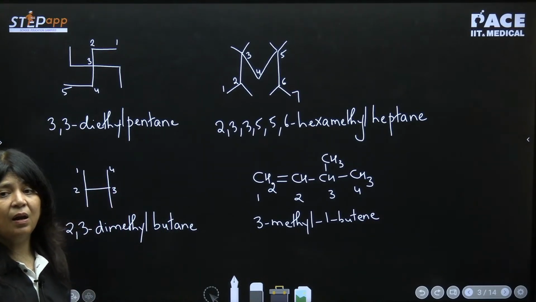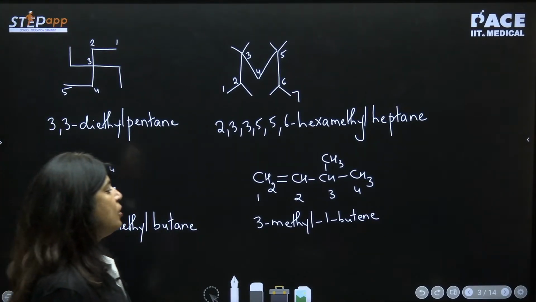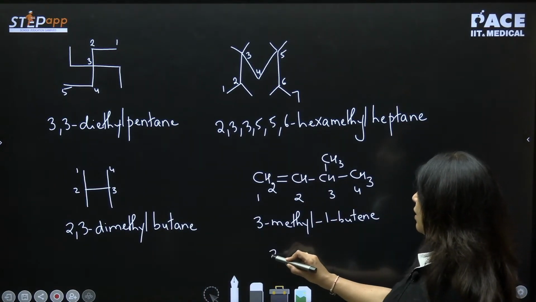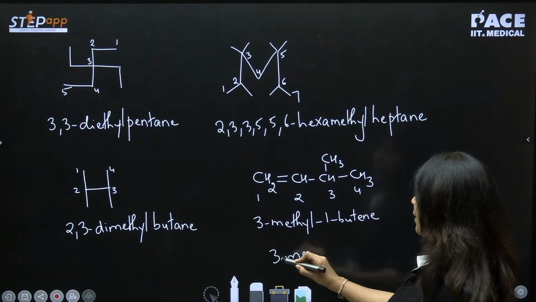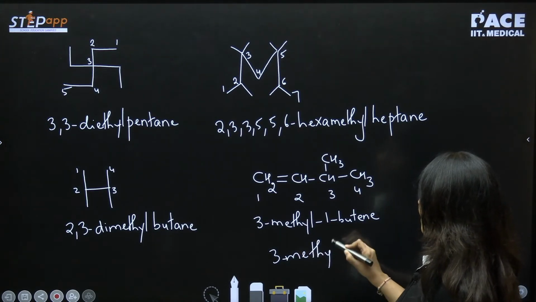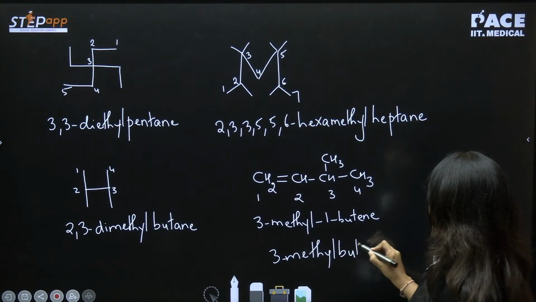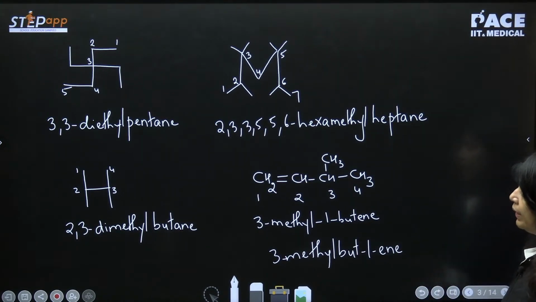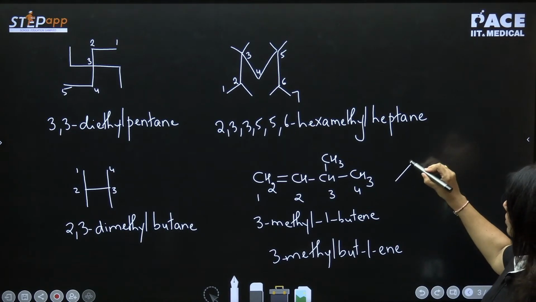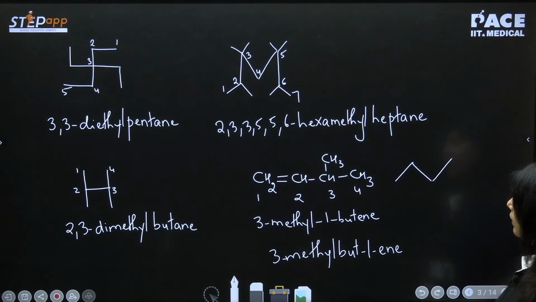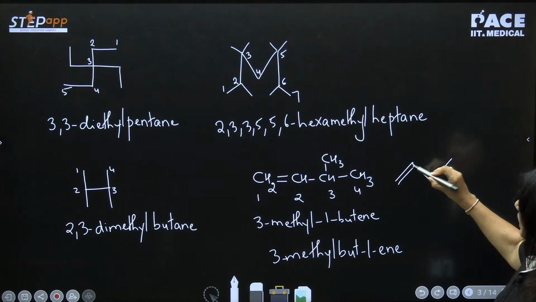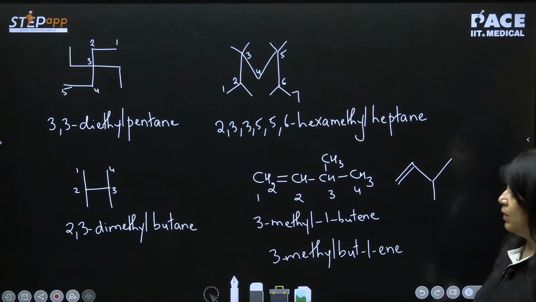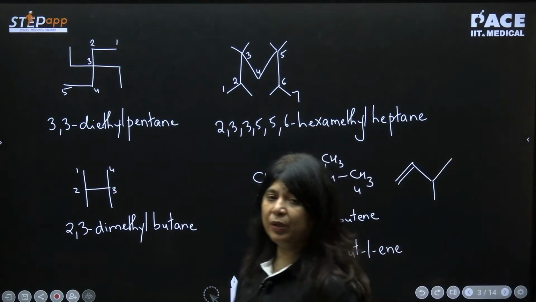So 3-methyl 1-butene, or you can also name it as 3-methyl but-1-ene. Both are correct. Bond line for this, 4 carbon atoms. Terminal carbon has a double bond, and on the third carbon I have a methyl group. So 3-methyl 1-butene.